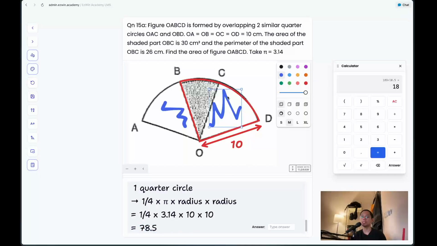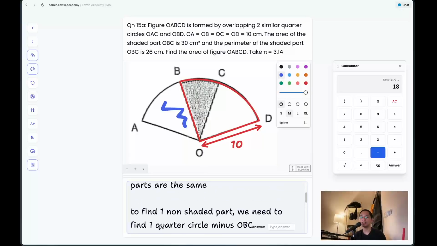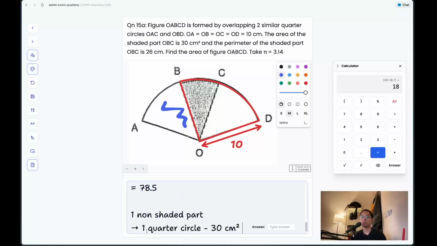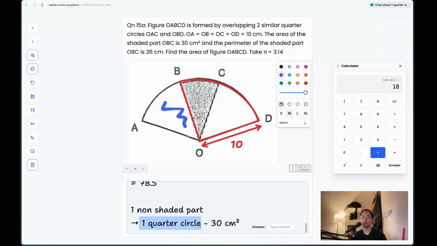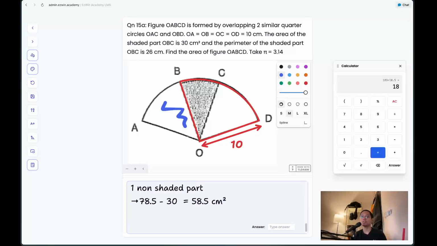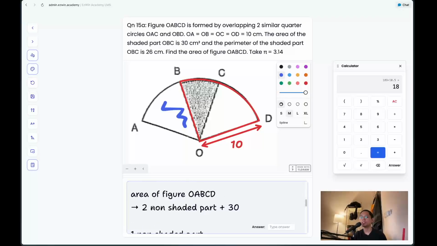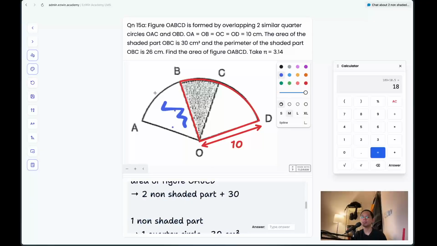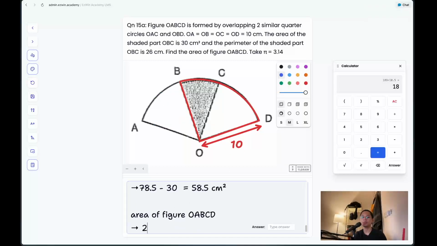So now we know this quarter circle is 78.5. Then one non-shaded part is equal to 1 quarter circle, which is 78.5, and then we minus 30. And this will give us 58.5 centimeter square. So to get the area of figure OABCD, which is basically the two non-shaded parts plus 30 centimeters square, which is the shaded part, we can just have 2 times 58.5 plus 30.